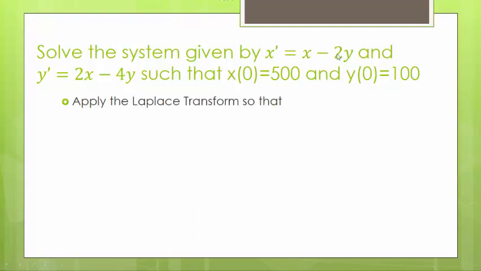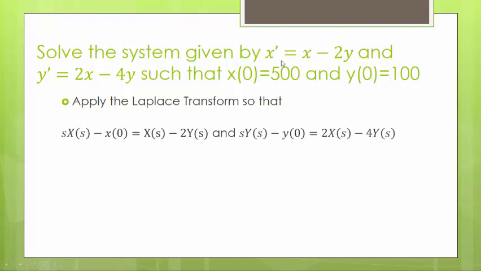This is a system of equations, so what I'll have to do is apply the Laplace transform to both statements. So x prime becomes what you see here on the left, equal to X of s minus 2Y of s. Y prime, as given here, is equal to 2X of s minus Y of s.